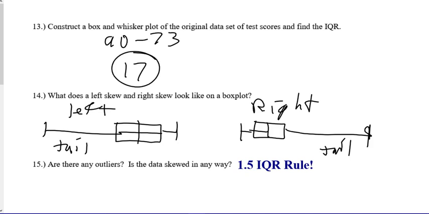Okay, I just realized I kind of made a mistake. That was on the generic, kind of pretty even box plot. So let's actually do number 13 again here. So we're going to put our low and our high. Our low was 70 and our high was 97.